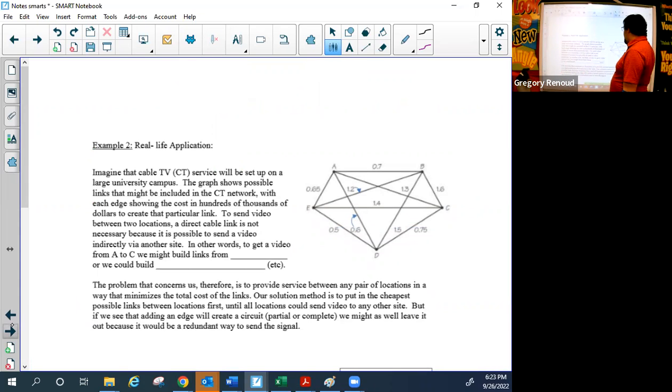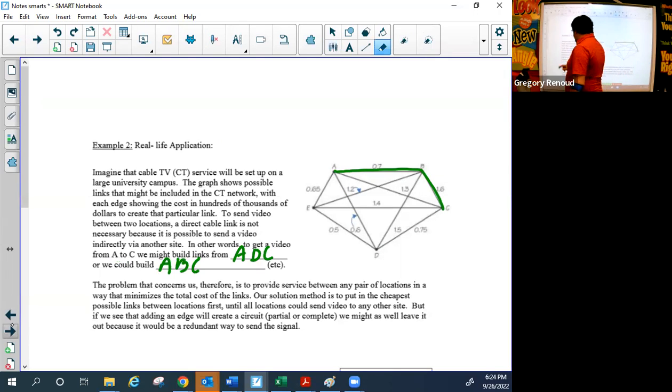So here's the situation. I have a TV company here at point A, and the goal is to get TV service to all of these places as quickly and cheaply as possible. So that just means they have to be connected to A. It says we're trying to get from A to C, for example. I can go A to D to C. Or I could have done A to B to C, right?